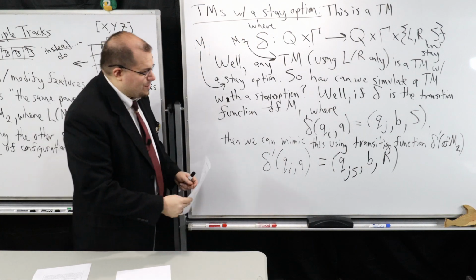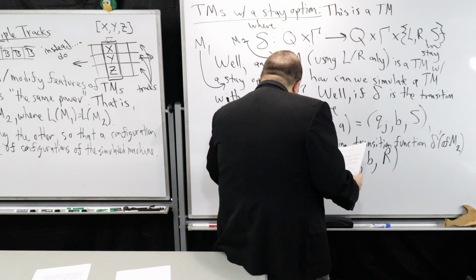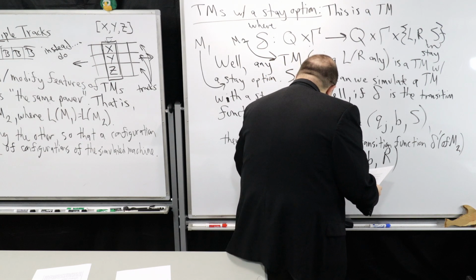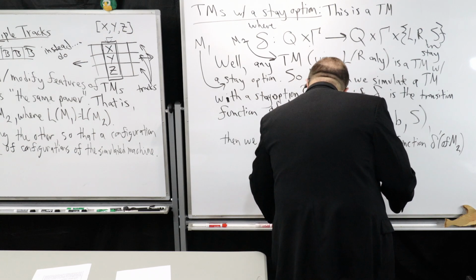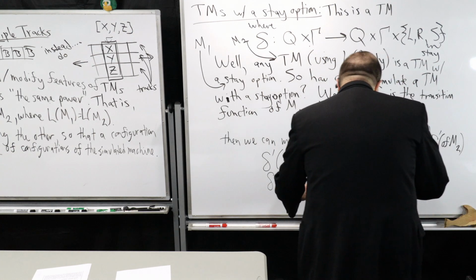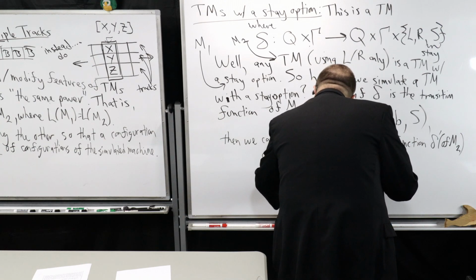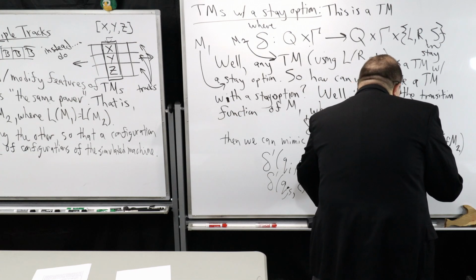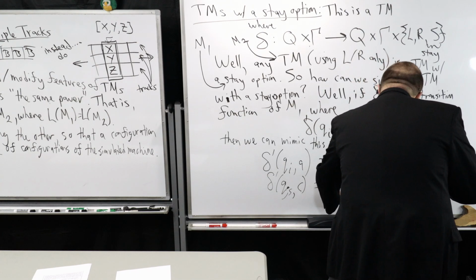Now this is the part that you have to be careful about. So I'm going to have delta prime. So I'm going to go from this JS, so on state QJS, I want it for every symbol lambda so that I can go back to QJ.